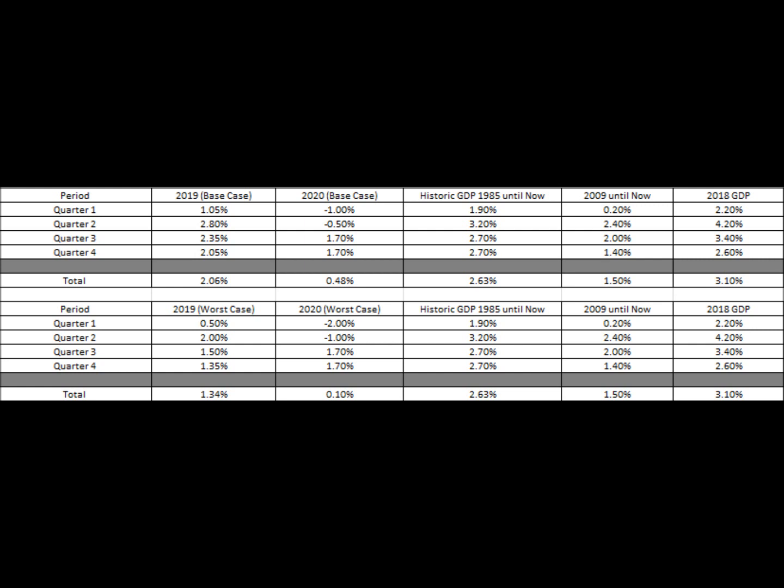So in Q3 it's probably going to have a positive effect on the economy as they build those inventories. But after Q3, into Q4 2019, Q1 2020 and Q2 2020, that inventory build is going to have a dragging effect on real GDP, probably beginning in the fourth quarter of 2019.